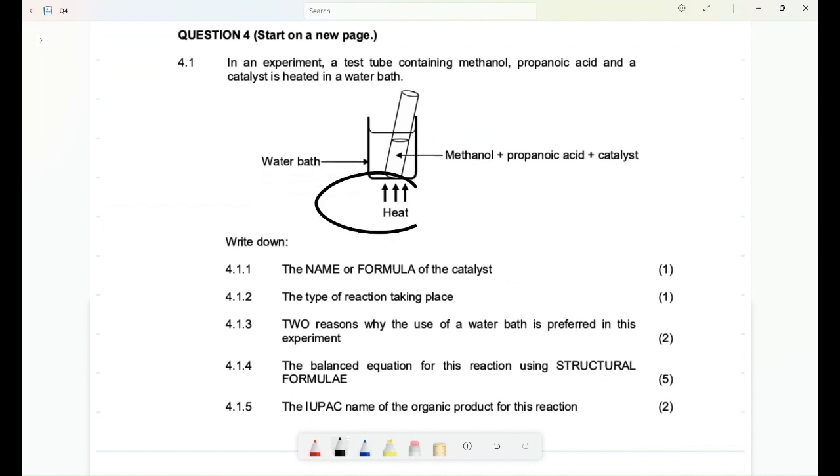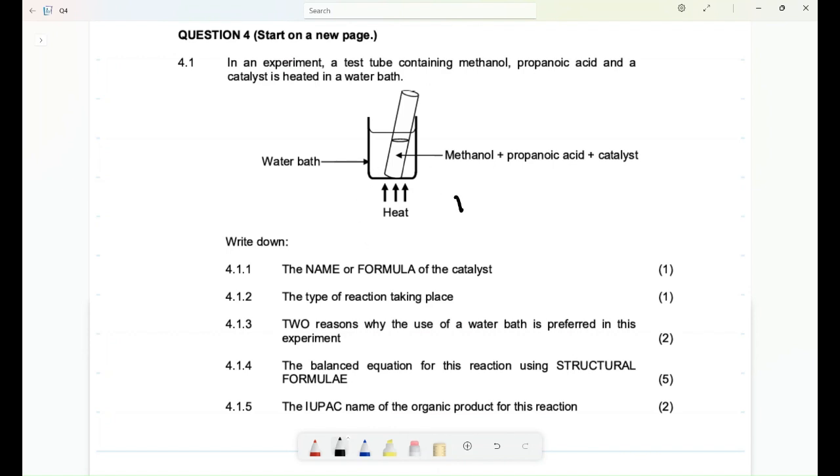Now one might ask, why are we using a water bath instead? Remember, alcohol is highly flammable, so it needs to be protected from people. It can cause danger. It catches fire easily. Another reason for using water is that alcohol is volatile.